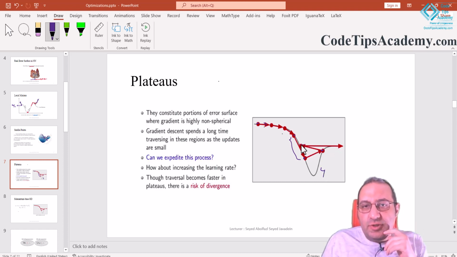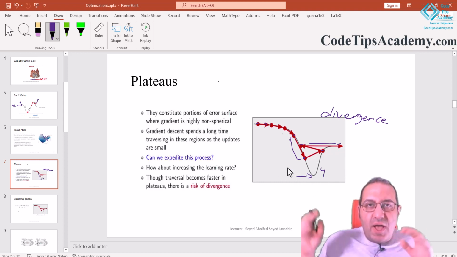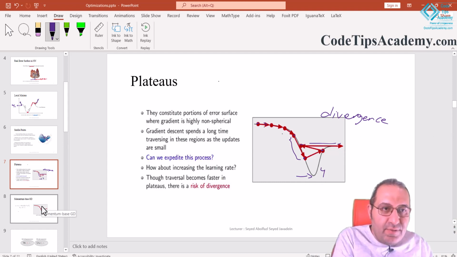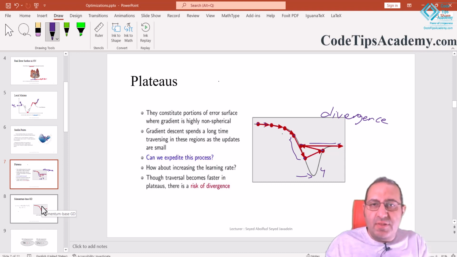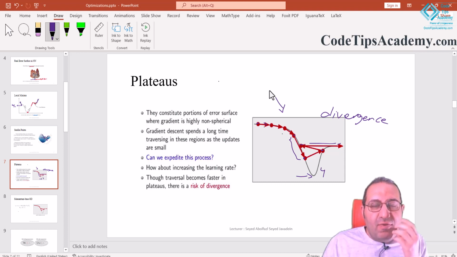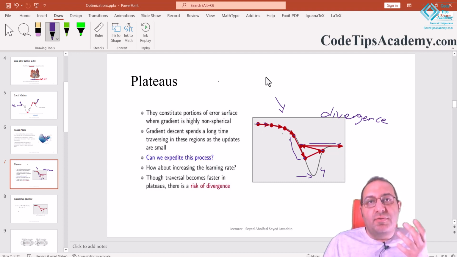After this point we go here and here, which means divergence. We can't reach the global minimum. This is the problem that we have in vanilla gradient descent, the standard gradient descent that we have seen until now.